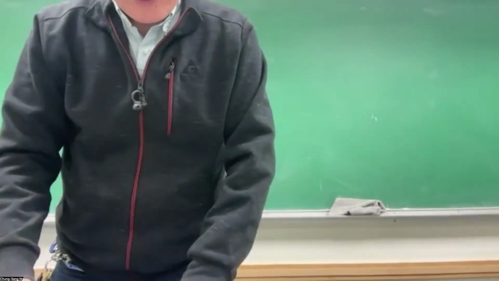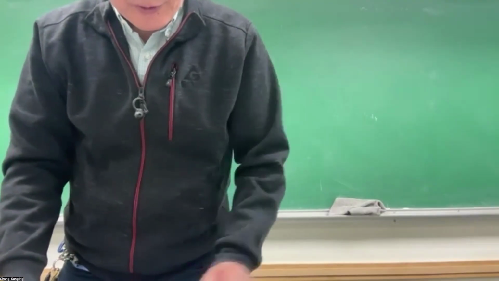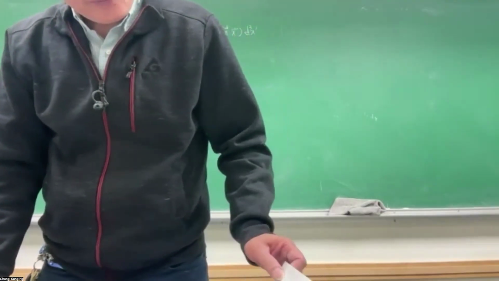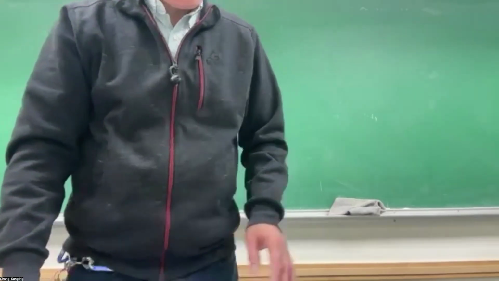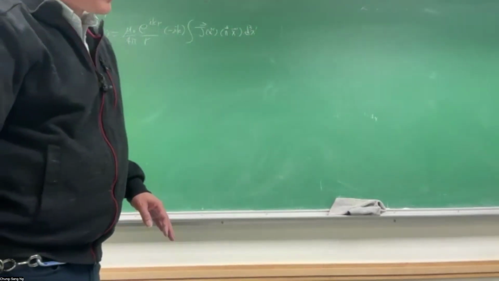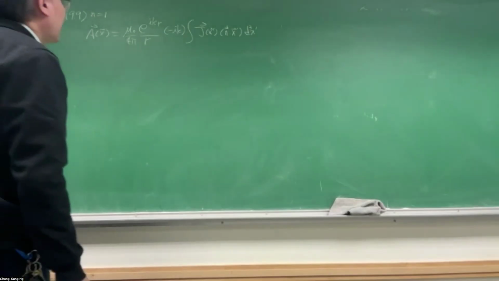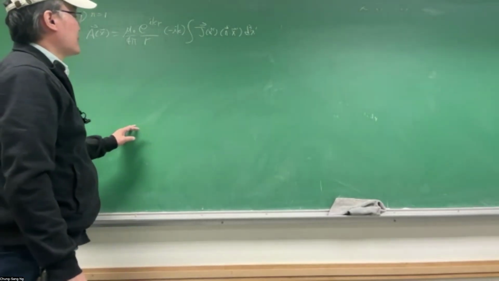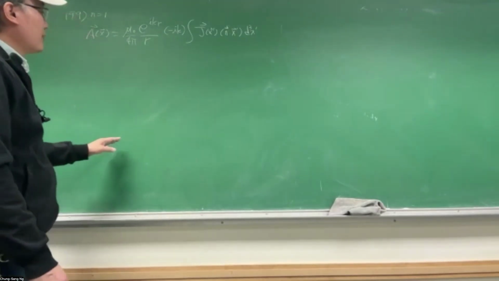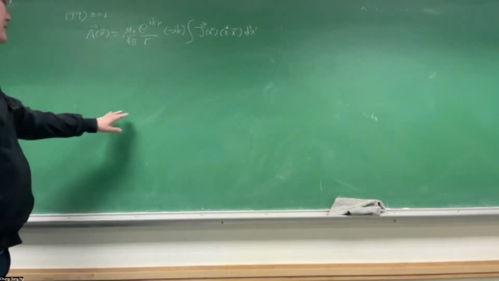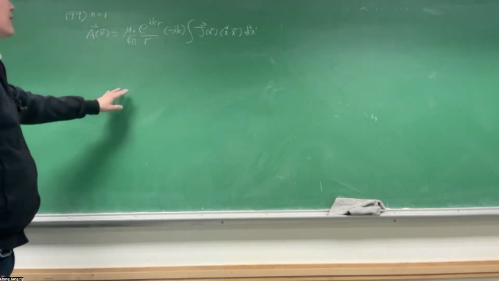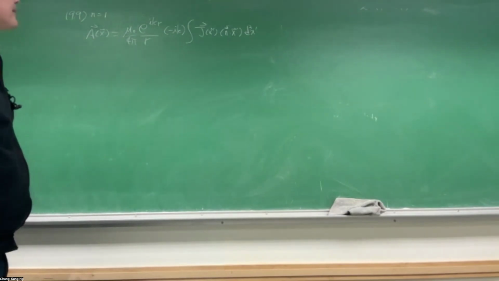But then I'm using a simplified version compared to Jackson. Jackson actually keeps one more term in 9.30, but in the radiation zone the other term we will ignore anyway. So we'll just start with the simplified version, just keeping the term in the radiation zone.